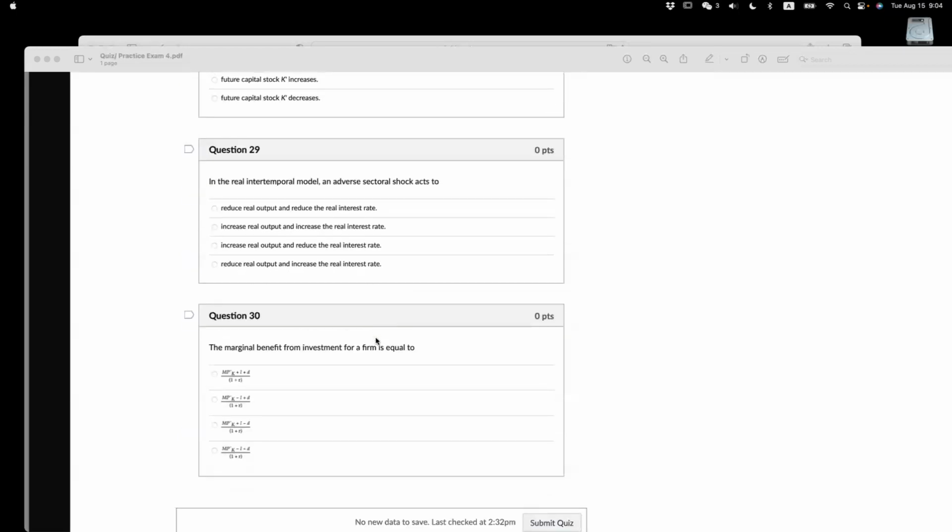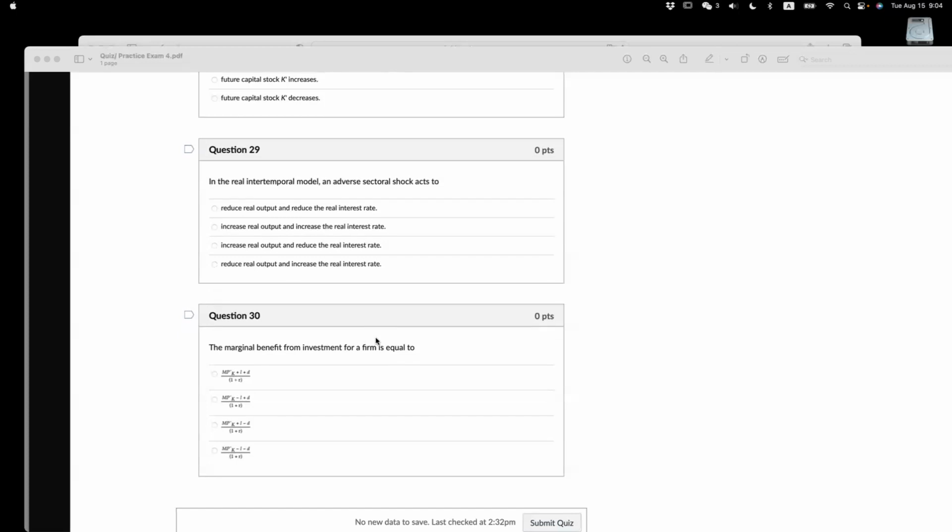Okay. 28. In the real intertemporal model, an adverse sector shock acts to, the answer is D, reduce real output and increase the real interest rate. Right? So why is it going to reduce real output?